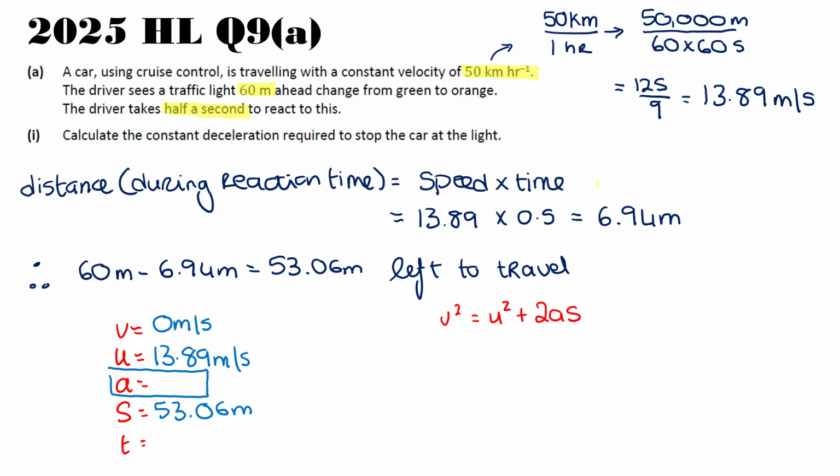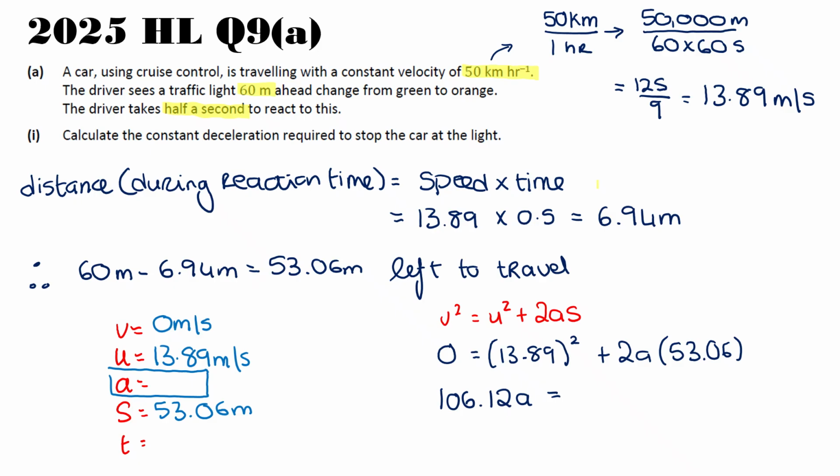Working with that, we get 0 equals 13.89 squared plus 2 times A times 53.06. Let's do a little bit of cleanup here. We get 106.12A is equal to minus 13.89 squared, which is minus 192.9321.